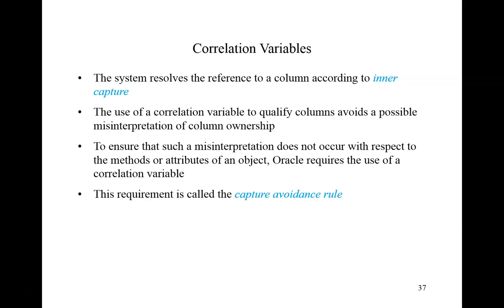But whenever we use objects, we're forced or obligated to use a correlation variable. This requirement is called the capture avoidance rule. Remember that I had said SQL is not quite as simple and straightforward working with objects in a relational framework. This is one of those situations.